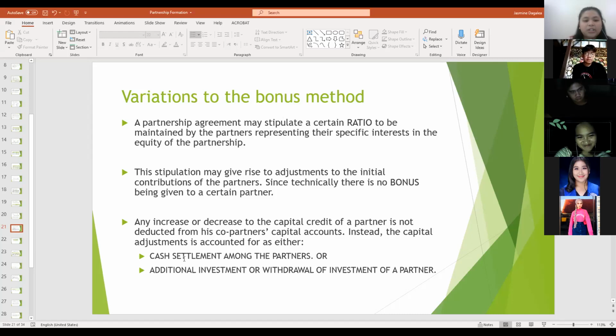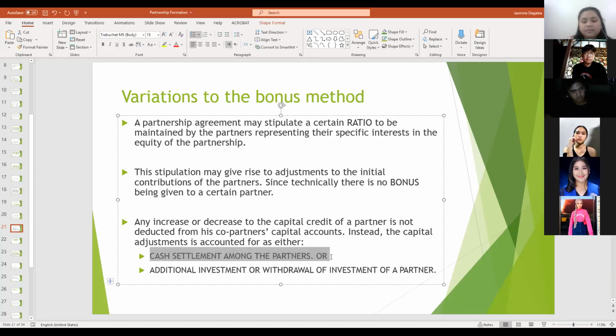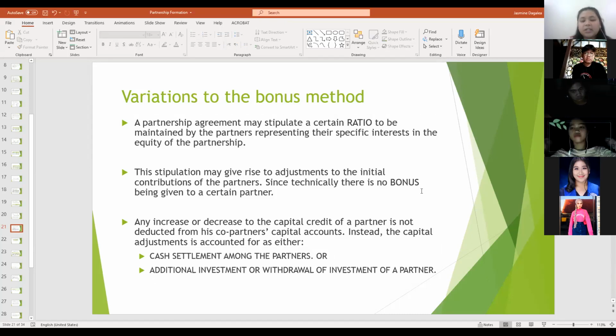Instead, the capital adjustments is accounted for as either cash settlement among partners or additional investment or withdrawal of investment of a partner. So, don't worry kasi dapat you will apply these concepts if specifically mentioned lang sa problem. If hindi minention yung bonus method ang gagamitin nyo.